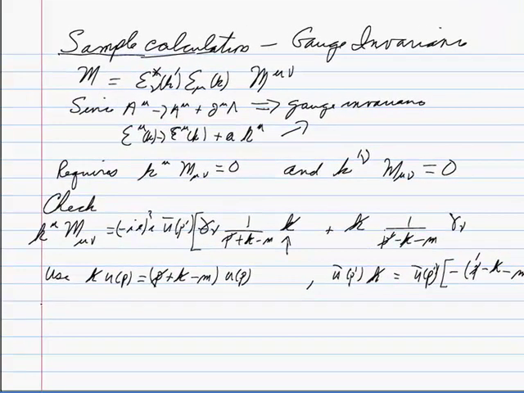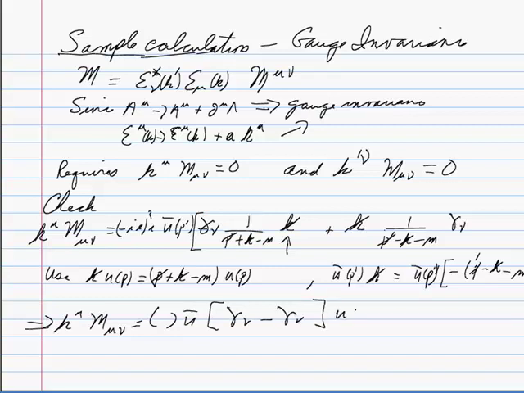So this yields k mu M mu nu, well, there are these constants out in front, u bar, and I can just, at this stage, save the writing. This turns out to cancel that. This guy turns out to cancel that. It becomes gamma nu minus gamma nu u of p equals 0, and I get gauge invariance.